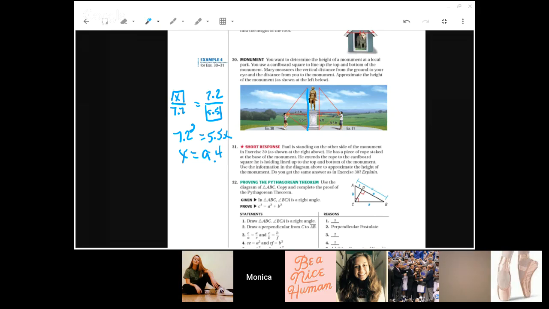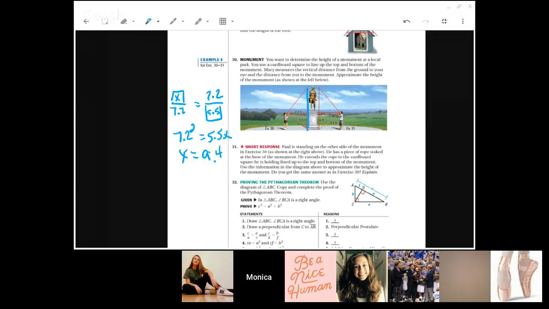Okay, so for 31, Paul is standing on the other side of the monument. So we're looking at the right-hand side now. He has a piece of rope staked at the base of the monument. He extends the rope to the cardboard square he's holding that's lined up to the top and bottom of the monument.